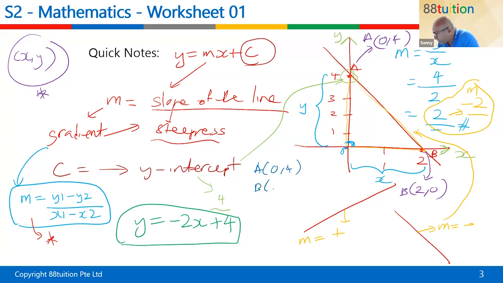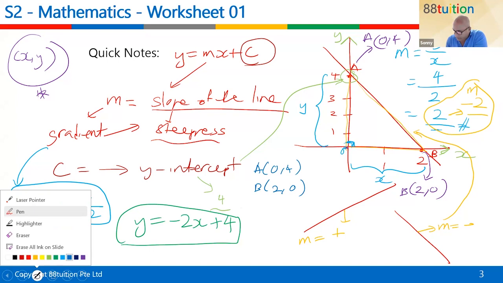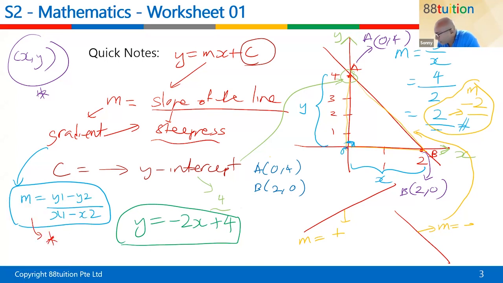B is (2, 0). Okay, so I've got the coordinates. Now I'm going to label them. This I call x1, y1, x2, y2. You saw that? This is critical, right? This part here.